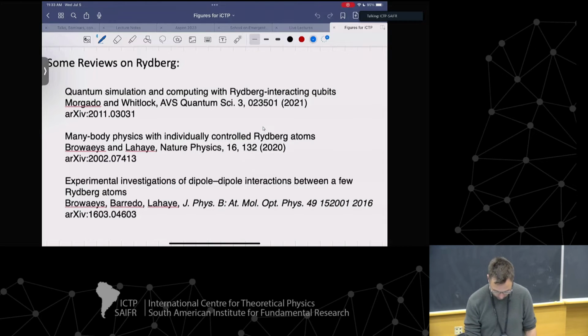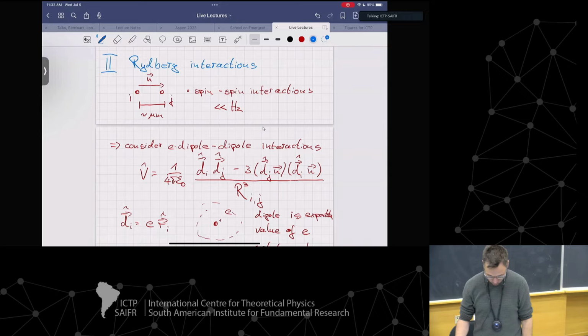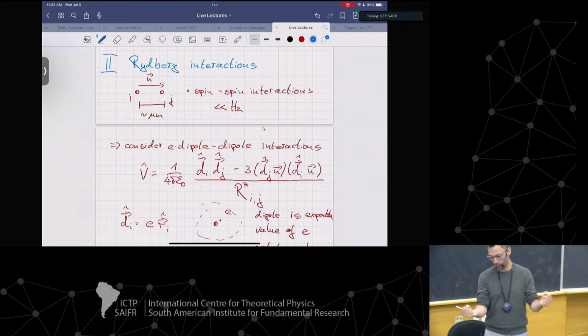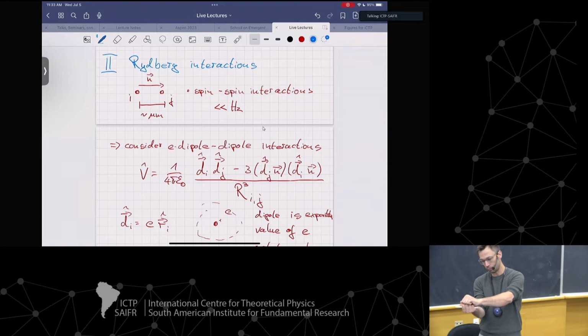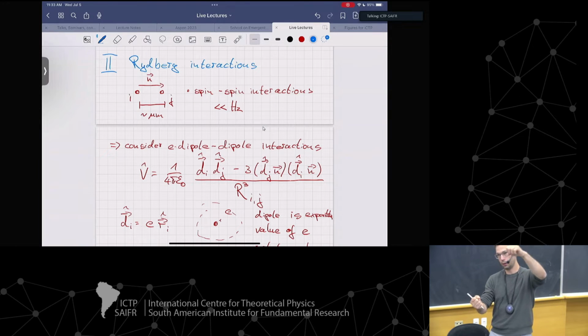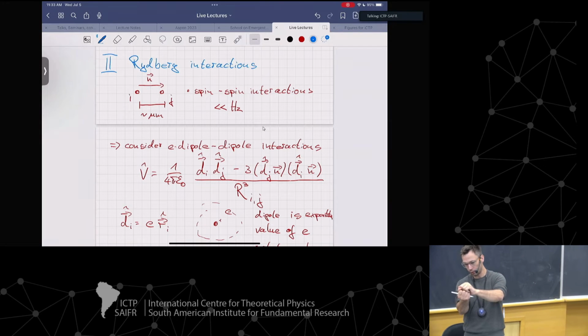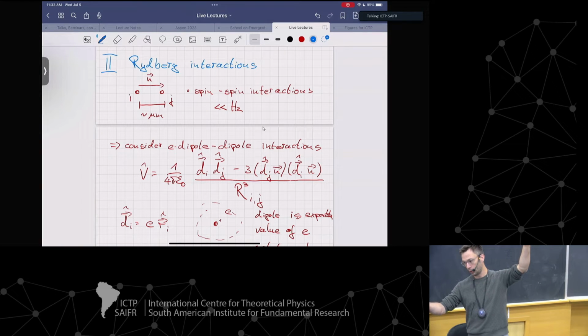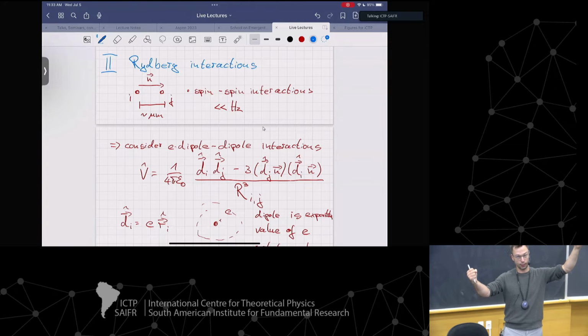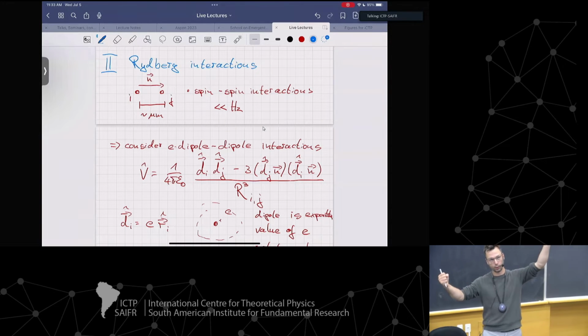And that's why last time we spent quite some time on these Rydberg interactions, where we now take this electron maybe from the 5s shell for rubidium and then put it maybe on the 100s shell. Intuitively, I have this positive nucleus, I have this electron, I put it really far away, that already looks like an electrical dipole, and a pretty large one, because you go to the 100s shell.